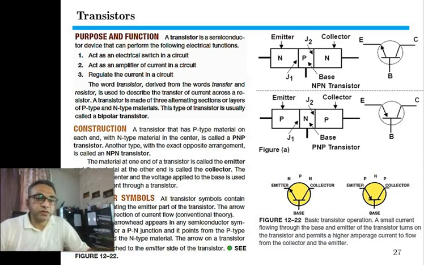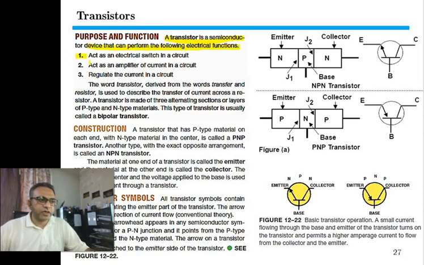The transistor has 3 terminals. One is the collector terminal, second is the base terminal, and the third is the emitter terminal. All transistors will always have 3 terminals: the collector, the base, and the emitter. Now, the transistor is a semiconductor device that can perform the following electrical functions.